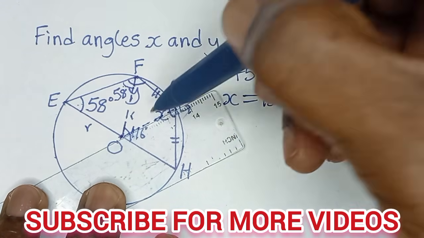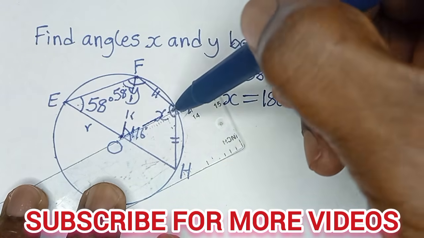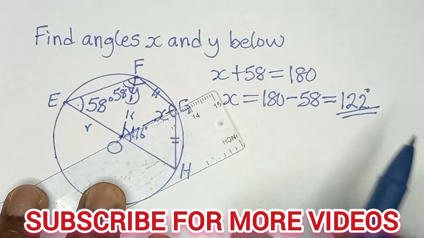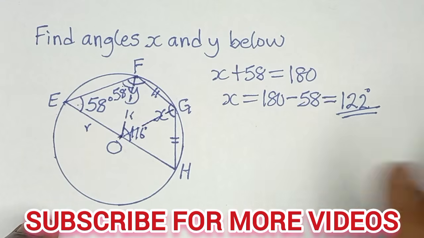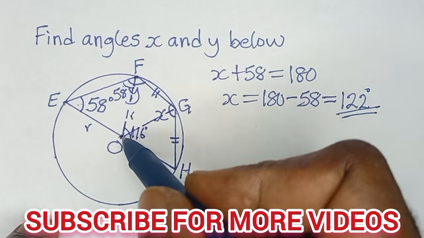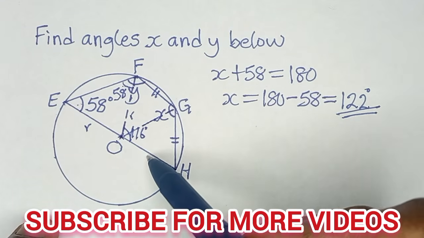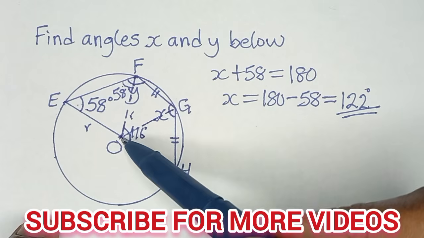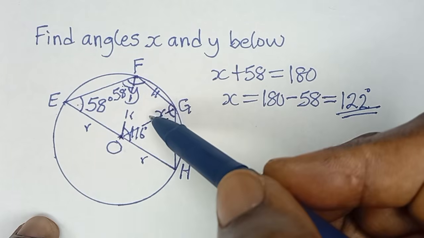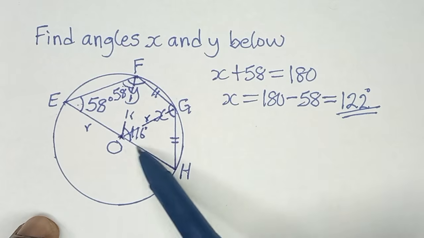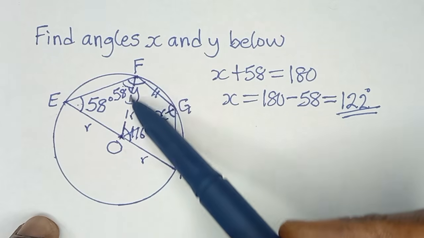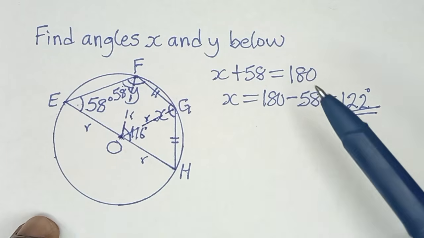So now I'm tracing another line from G to the center of the circle. Now, you also agree with me that this is an isosceles triangle. From center to circumference is the radius of the circle. From center to circumference, this is also the radius of the circle. So I also have this as an isosceles triangle, just as this is also an isosceles triangle.